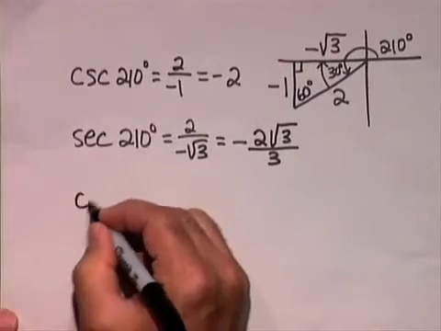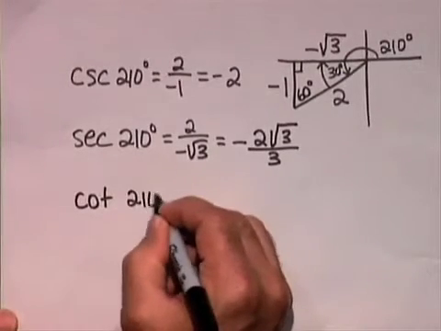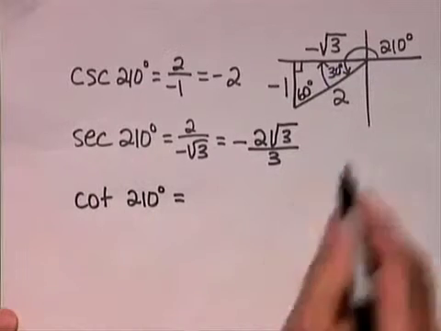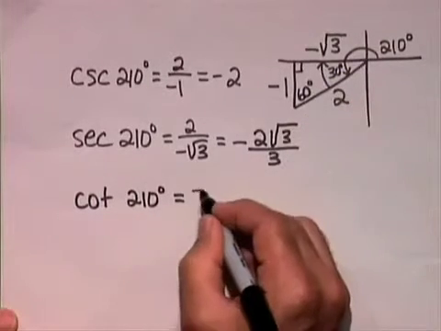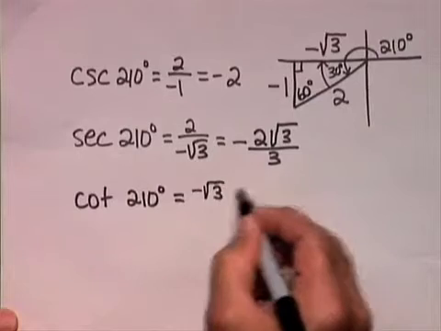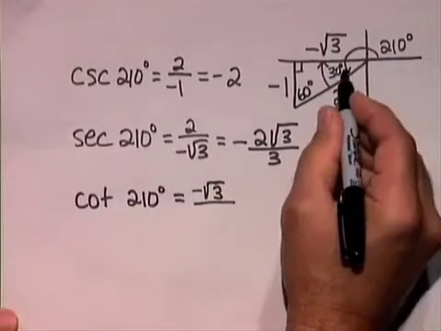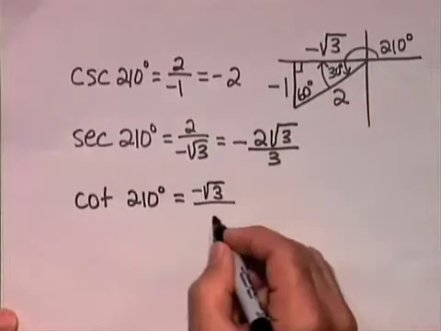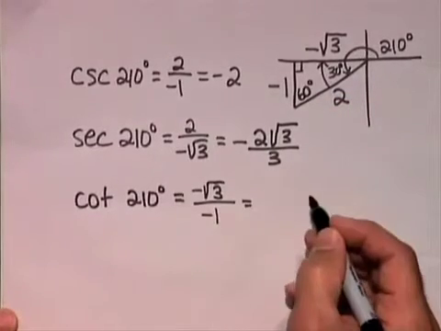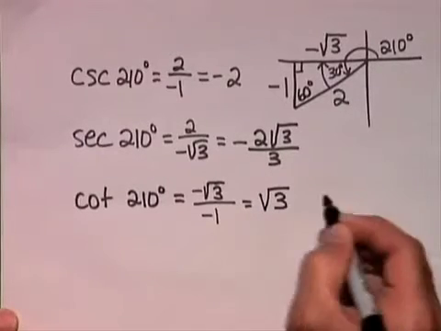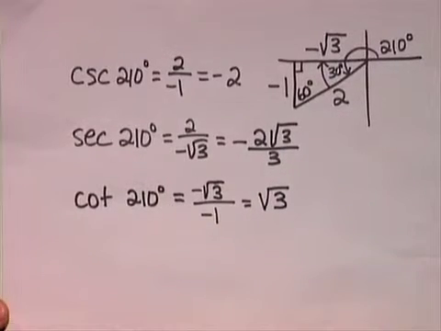And now we'll find the cotangent of 210 degrees. That would be equal to the side adjacent to 30 degrees, which is negative the square root of 3, divided by the side opposite 30 degrees, -1. Negative divided by negative is positive, so the cotangent of 210 degrees is the square root of 3.